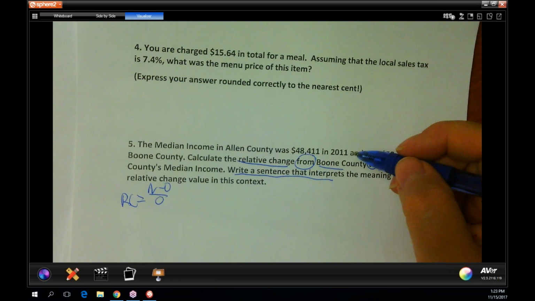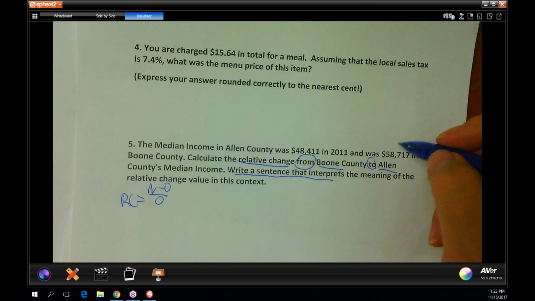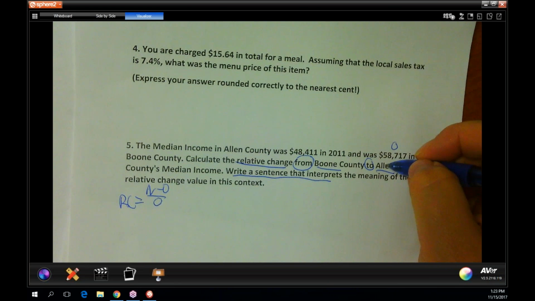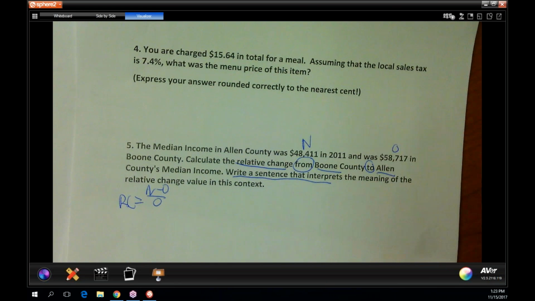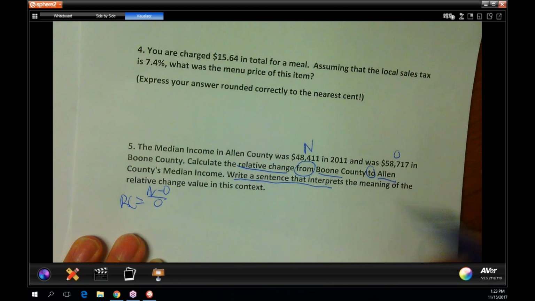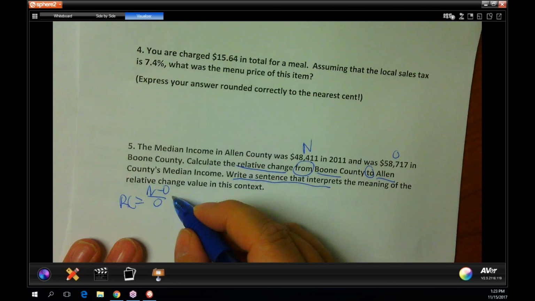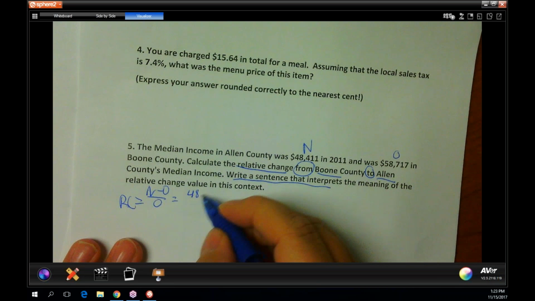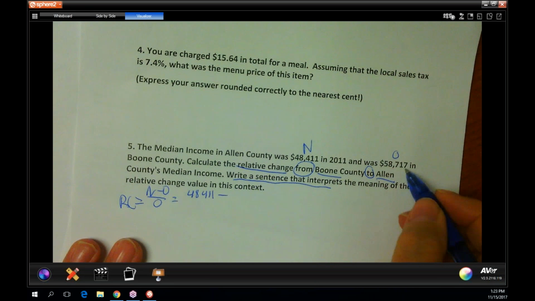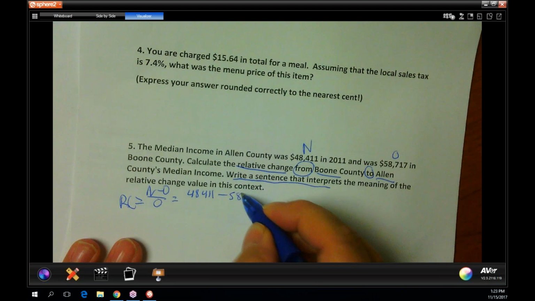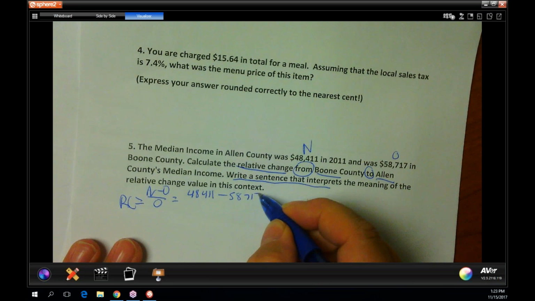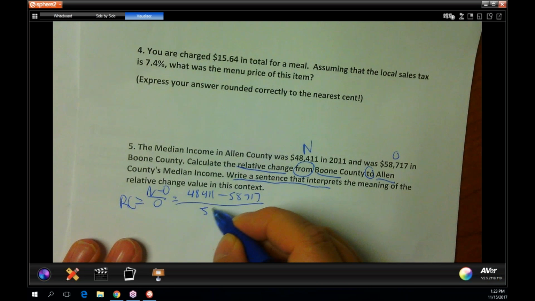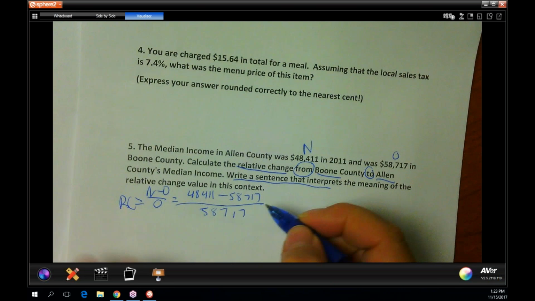Okay, so Boone is our old, Allen is our new. New minus old divided by old.